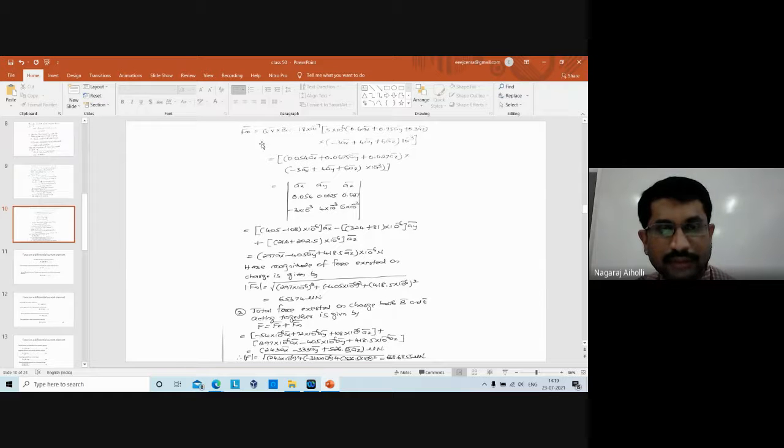Note down this step and tell me what value of Fm bar you get. Fm bar is equal to Q into V bar into B bar. Note down this equation and then tell me the value of Fm bar that you are getting.